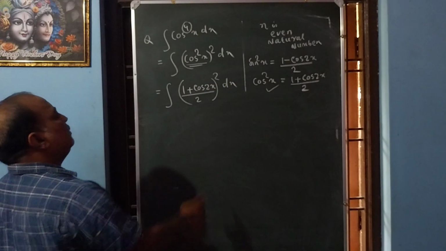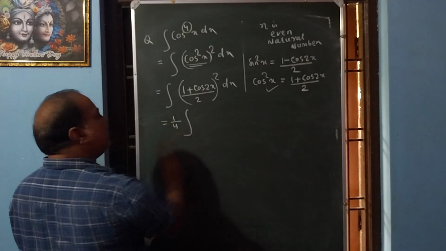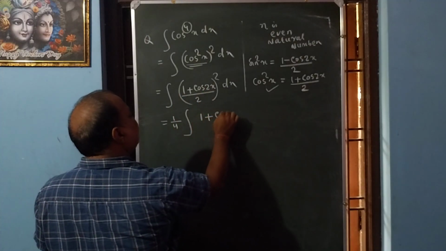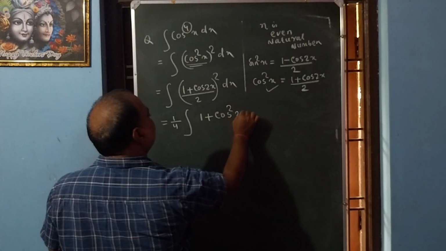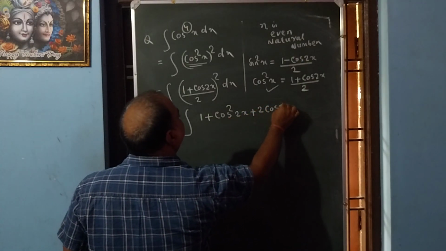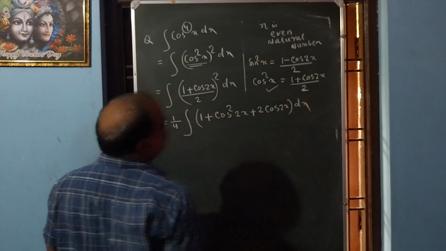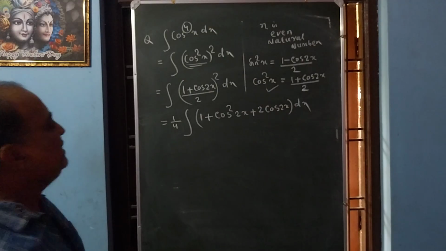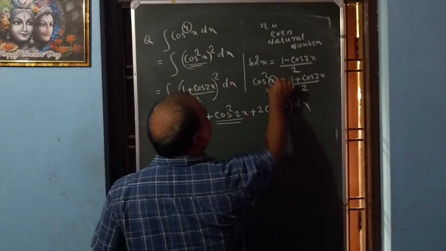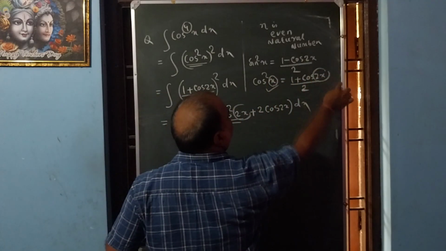Okay, so 1 by 2 square, that is 1 by 4, will come outside of the integration. Then a plus b whole square, a square plus b square plus 2ab, integration whole into dx. Now you see here cos square x: when it is x, then it is 2x, when it is 2x, then it will become 4x.